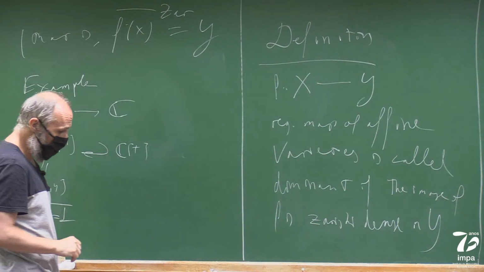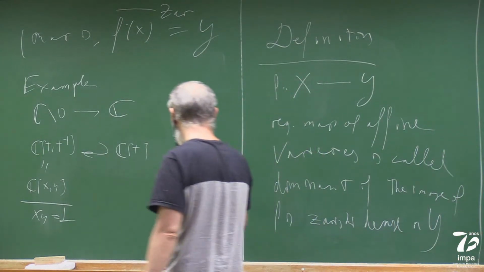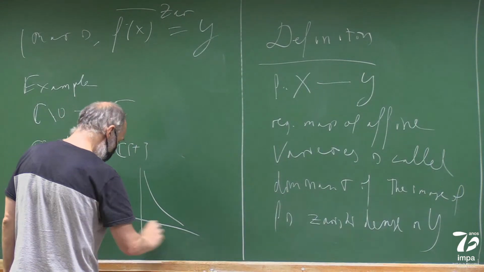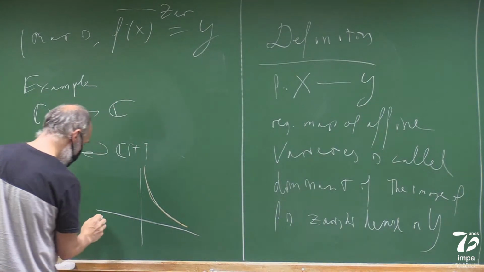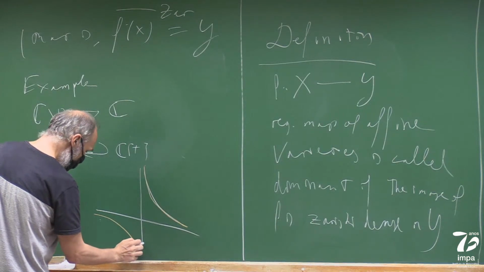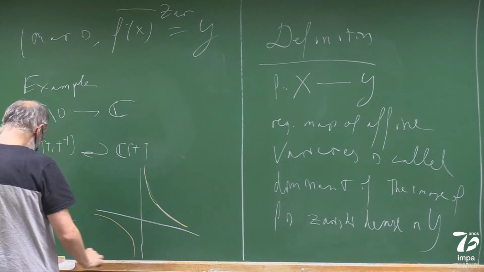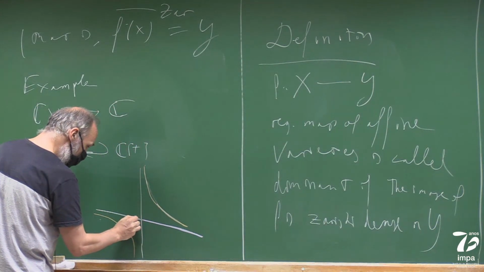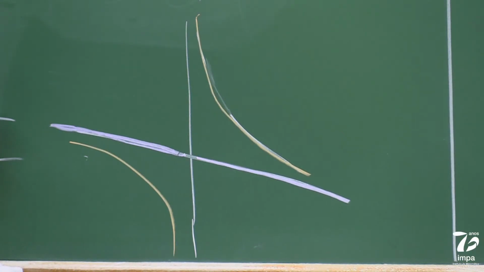and this is a surjection of the corresponding algebraic varieties. Of course, you can represent this geometrically, because xy = 1 is just a hyperbola. So this is your algebraic variety, C without 0. You can think of it as a hyperbola, and project it to the horizontal line by forgetting y.